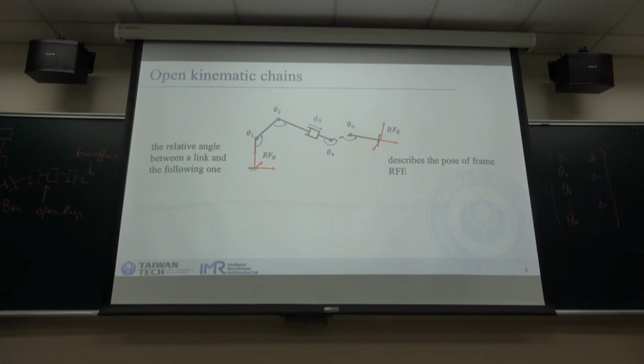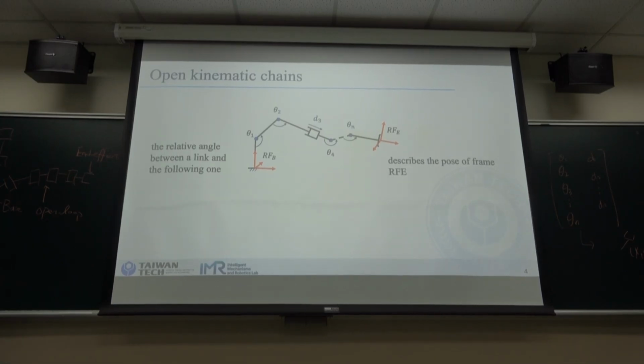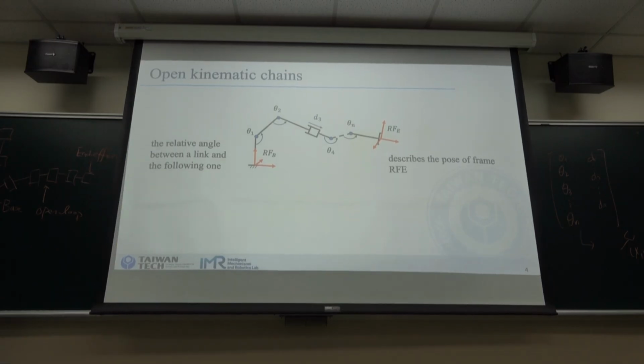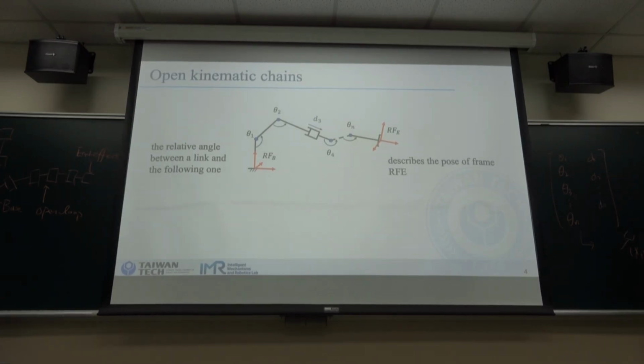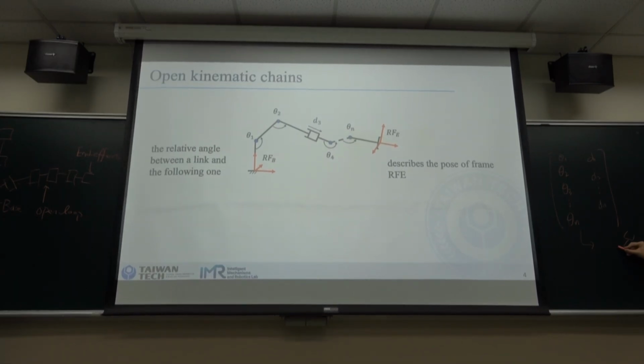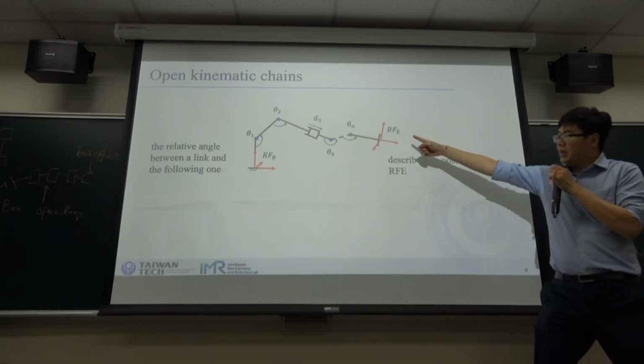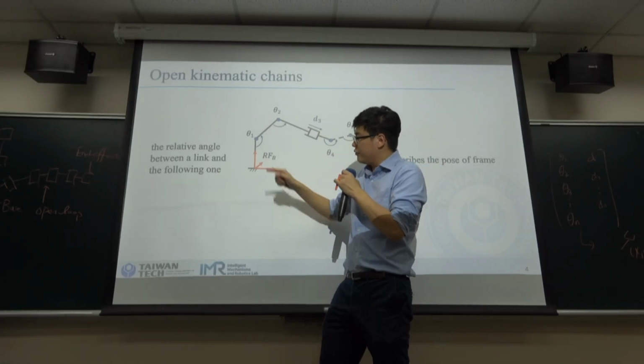But what we want to know is where the robot's end effector is: X, Y, Z, and the orientation. This is what we can input into a robot's motor, and this is what we want. We want to know the place or the configuration of the end effector of the robot. So we want to know this frame with respect to the base frame.